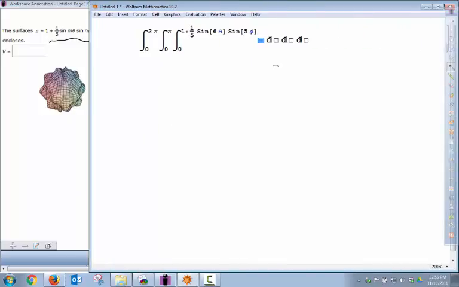Our integrand is just the Jacobian, that's rho squared sine phi, d rho d phi d theta.